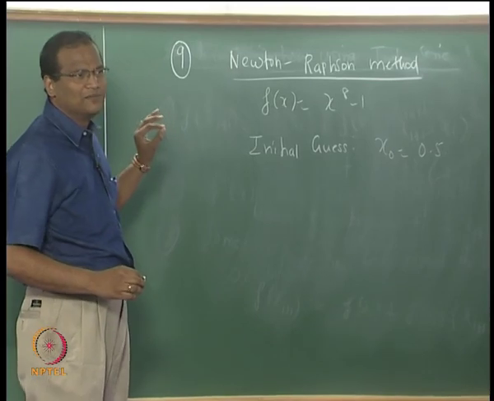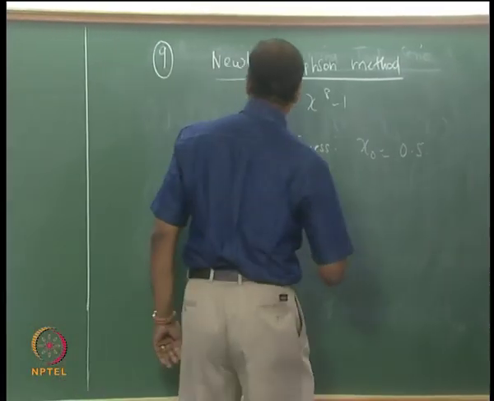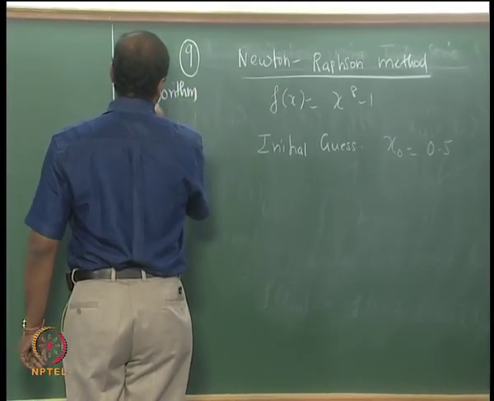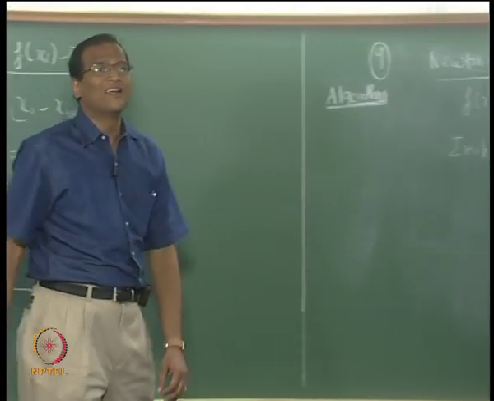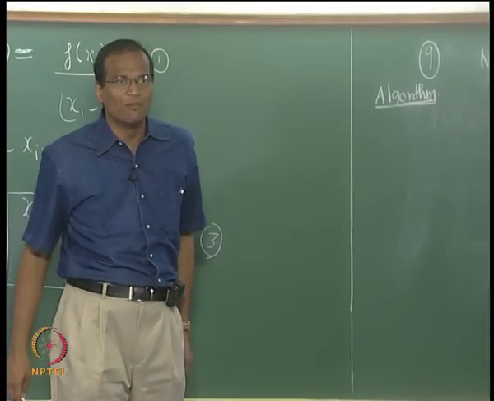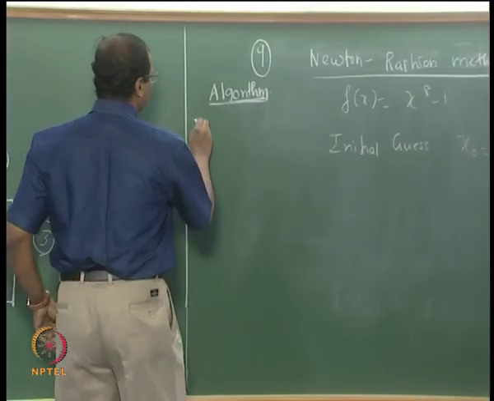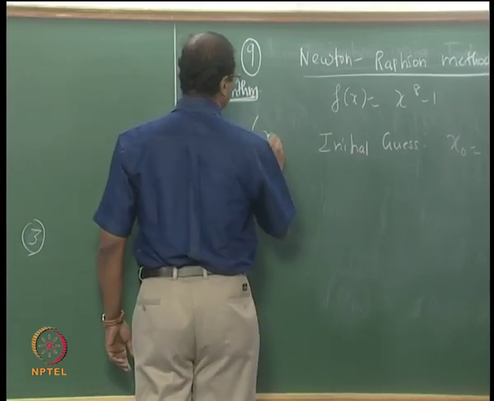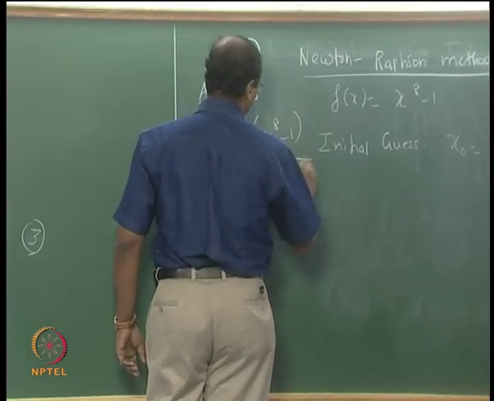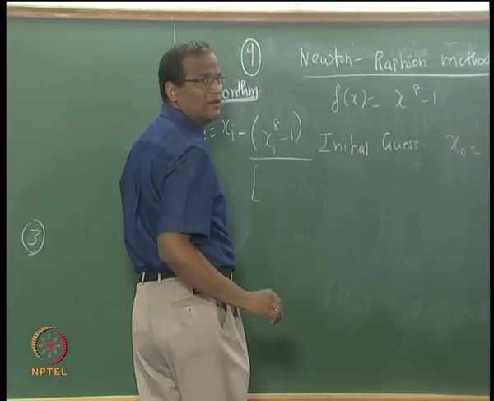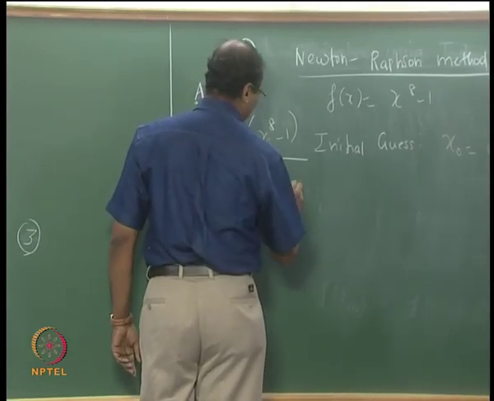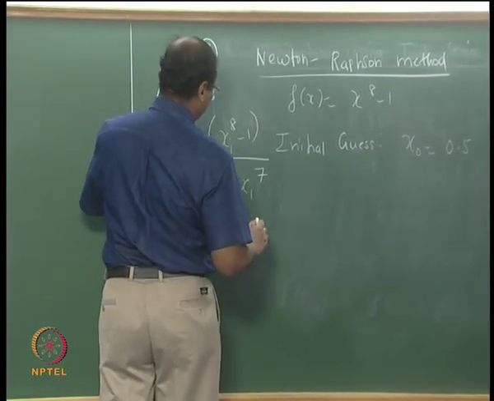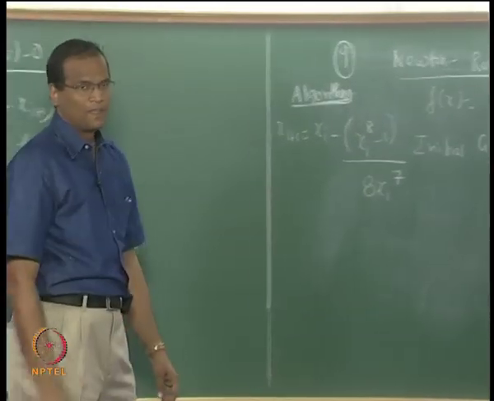Shall we first write the algorithm? Before you begin to draw the tabular column, first write the algorithm. Xi plus 1 is equal to xi minus f of xi over f dash of xi. Bracket is not required, right? That is the algorithm, right?